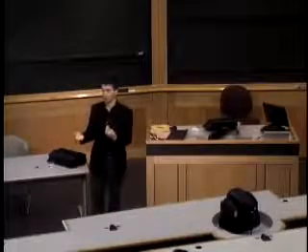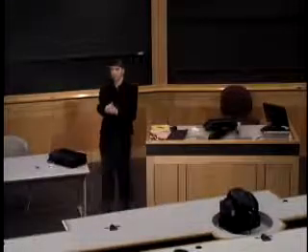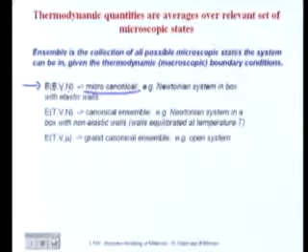If you start thermostating your energy to fix the temperature, then you go out of the microcanonical ensemble. If you release the constraint of fixed energy, then you have to control the average energy, and you do that with the temperature. Then you end up in what's called a canonical ensemble.